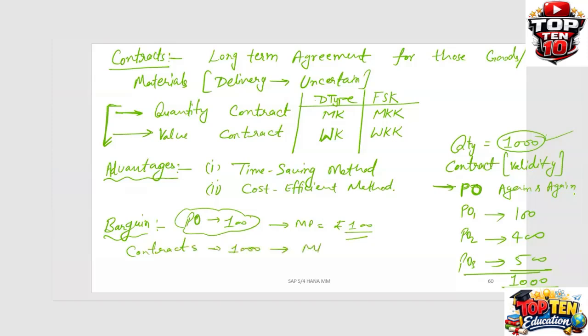And if you see the scenario above 500, what is the price? Price is around 95. So when quantities are more in the contract, we can do a good bargaining with the vendors. So it is a time saving method, a cost efficient method.